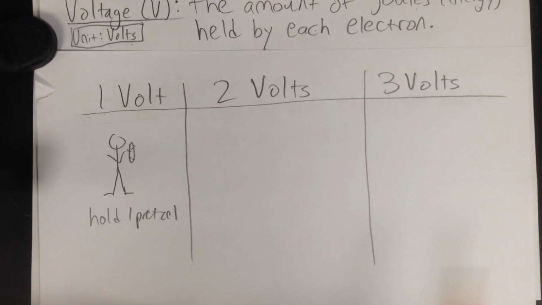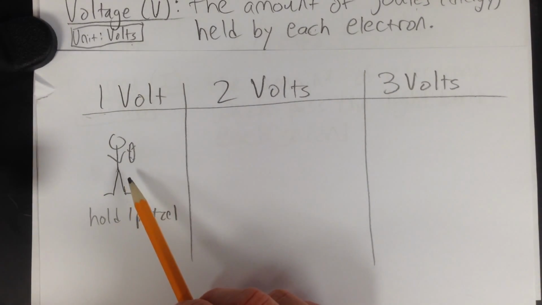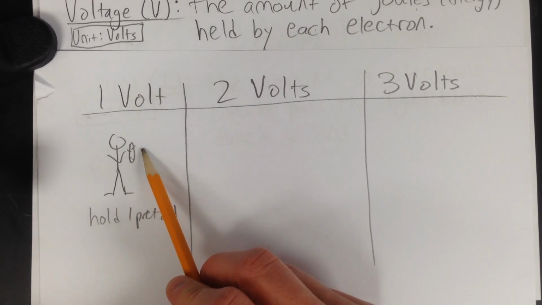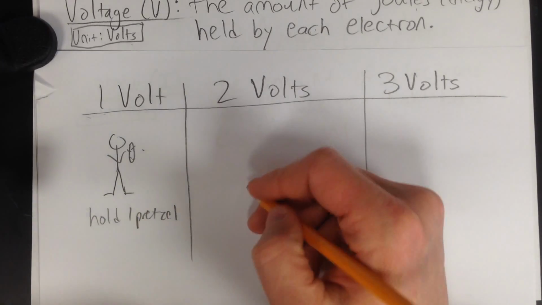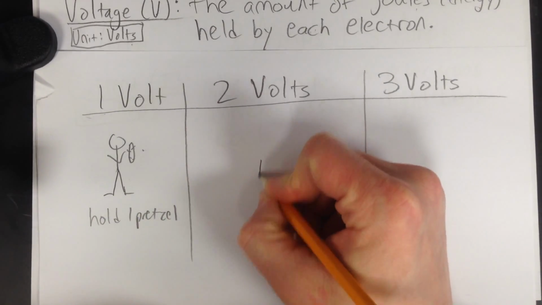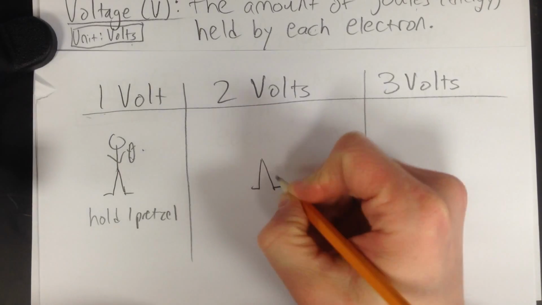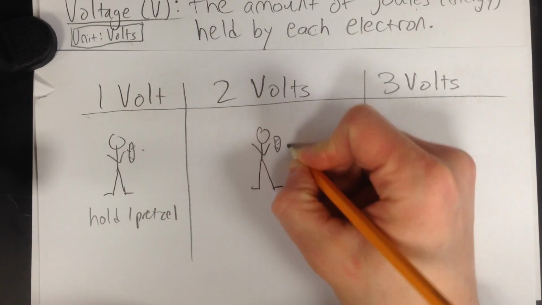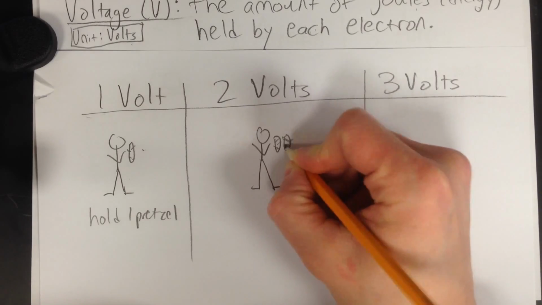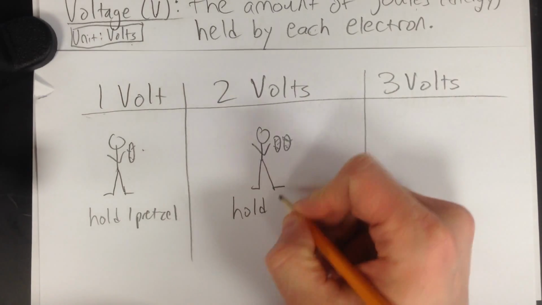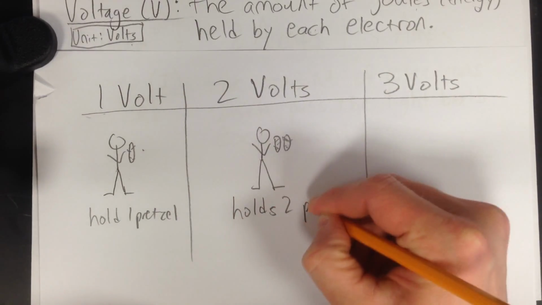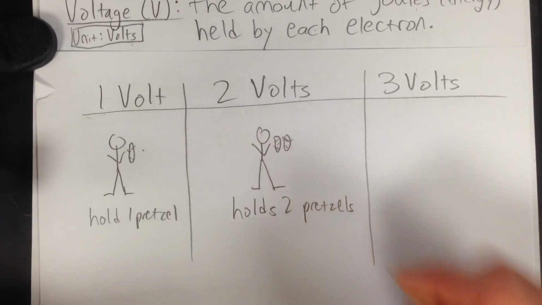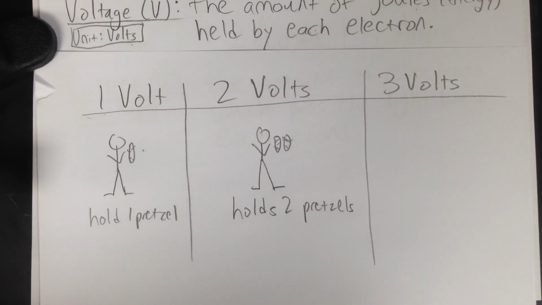Okay, so 1 volt is when the electron holds 1 joule of energy. Now, what would be 2 volts? If our electron held 2 joules of energy, or 2 pretzels, then they would have picked that up at a 2-volt battery.